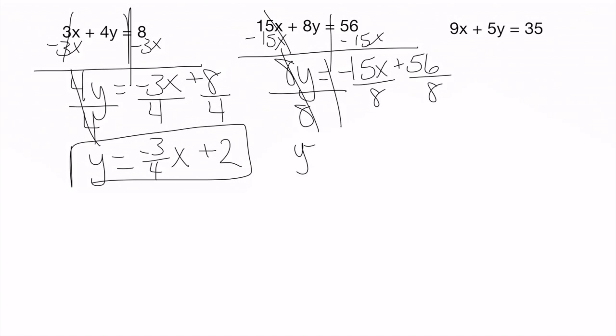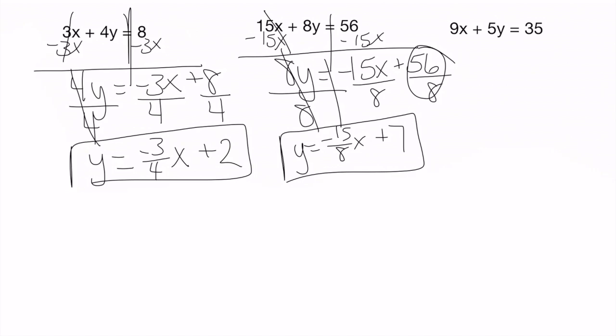So we're going to get y equals -15 over 8, which cannot be simplified. And then 56 divided by 8. You may need to use your calculator, which is totally okay, which will give you 7. But when you see something big like this, go ahead, just plug it into your calculator. So that's our answer there.